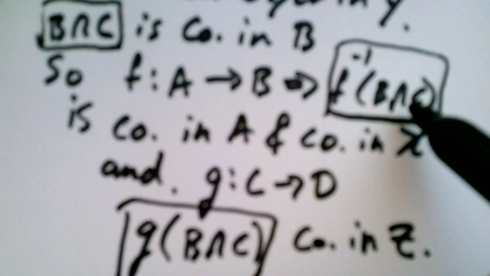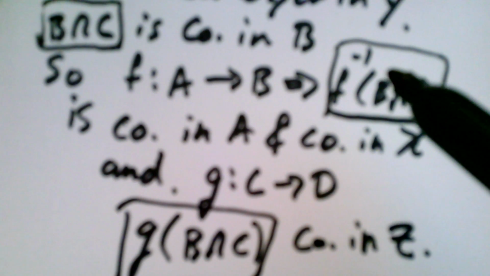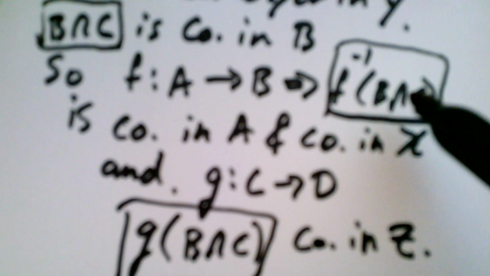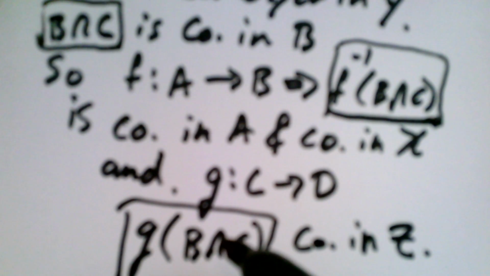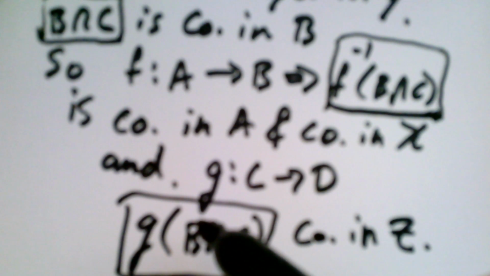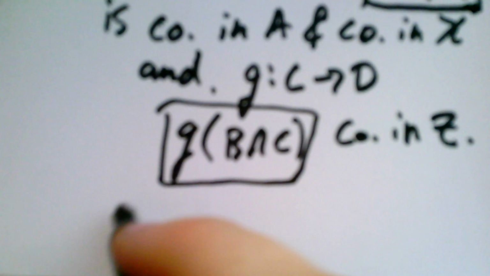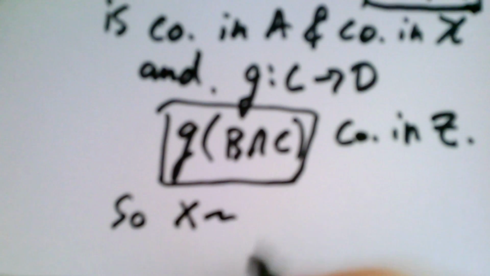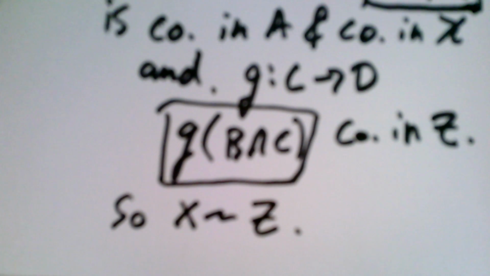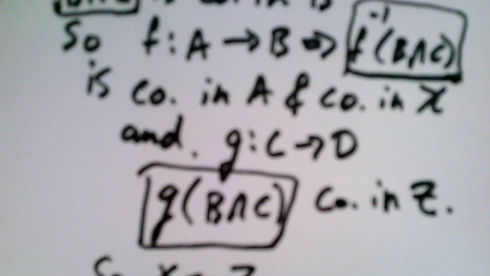So this one in X is homeomorphic to this one in Y, which is homeomorphic to this one in Z, which means, because homeomorphism is transitive, that this set of X is homeomorphic to this set in Z. Further, this is comeager in X, this one is comeager in Z, so X is almost homeomorphic to Z. Okay, so that proves that for Baire spaces, we get the transitivity relation that we were looking for.